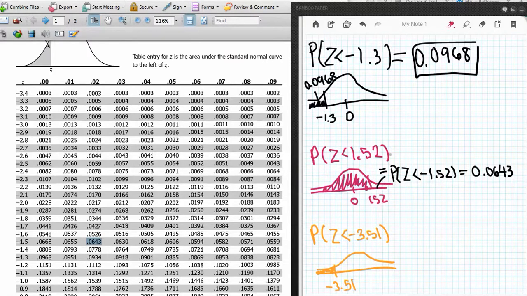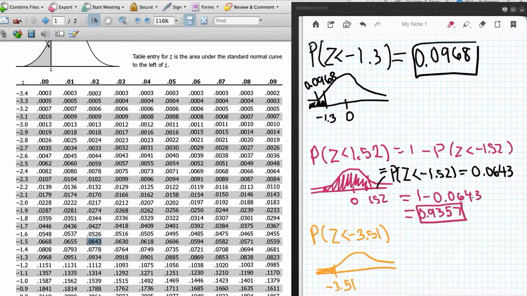So this is 1 minus that probability that a z is less than a negative 1.52. And so I'm going to be subtracting 1 minus 0.0643. And so that's going to look like 0.9357. And that will be my probability there.